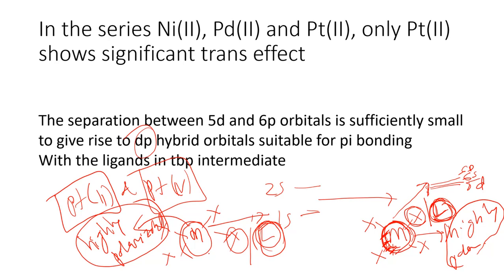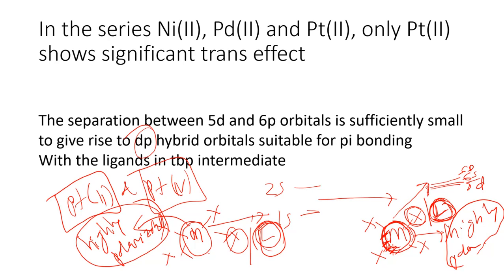So the basic theory is that when L is more polarizing, the metal should be highly polarizable. The polarizability of the metal in turn favors the high polarizing power of the ligand, because this favors the trans effect.